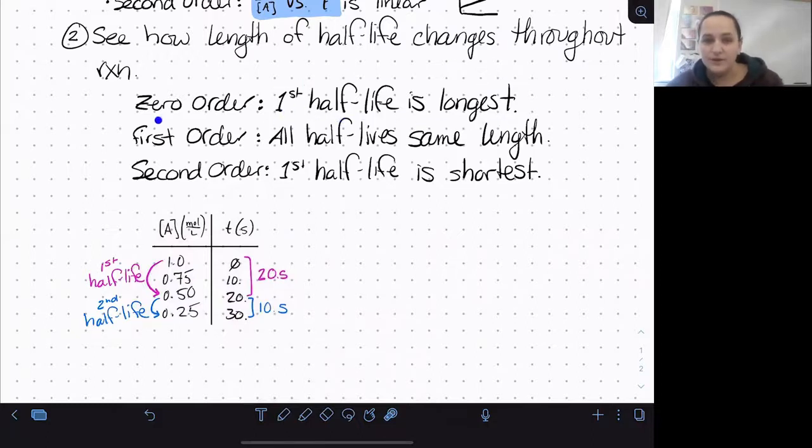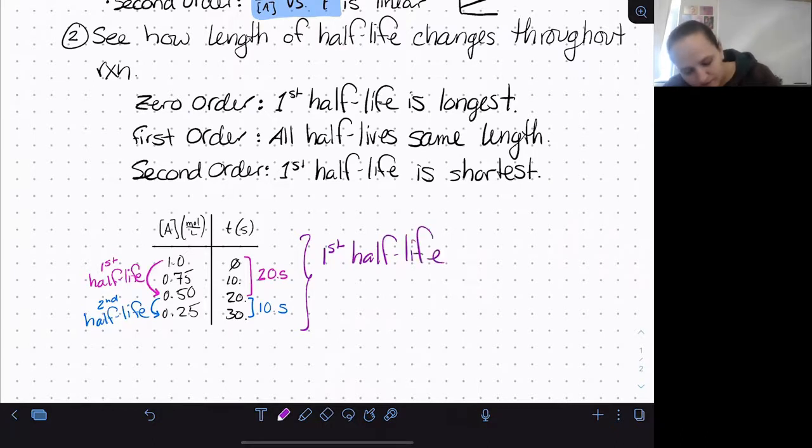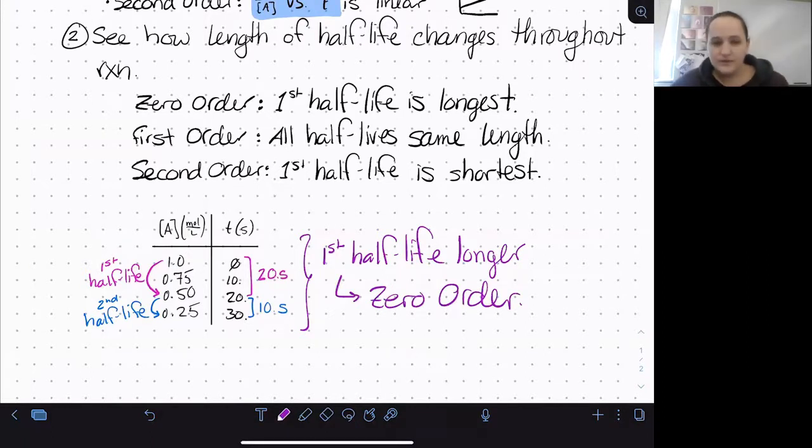Our first half-life being the longest is consistent with this being a zero-order process. You could also do the plotting method for this, and you should find a linear graph for concentration versus time and some kind of curved non-linear plot for the natural log and inverse of concentration versus time.